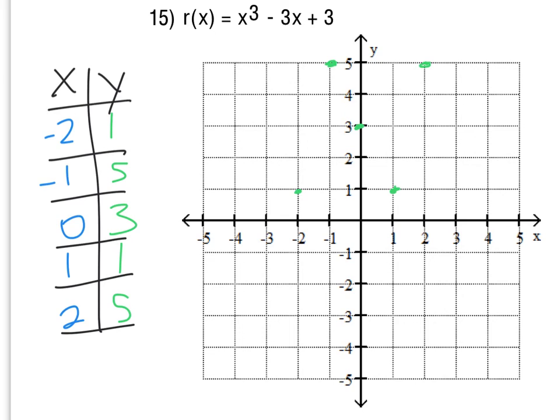So based on the window that we're looking at, we can see pretty well what's happening there. So from here we just draw a curve through our points. Again, using the graphing calculator to help us see where those curves happen and what the end behavior looks like. So again, looking for those specific points to be plotted, a nice curve drawn through there.